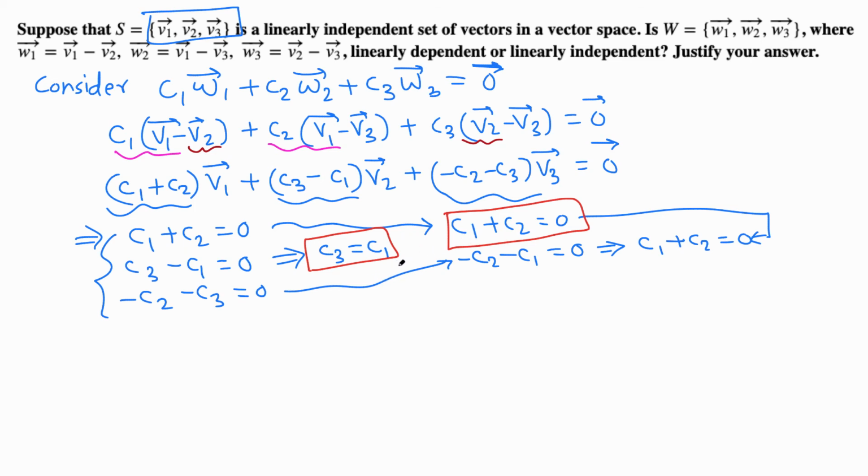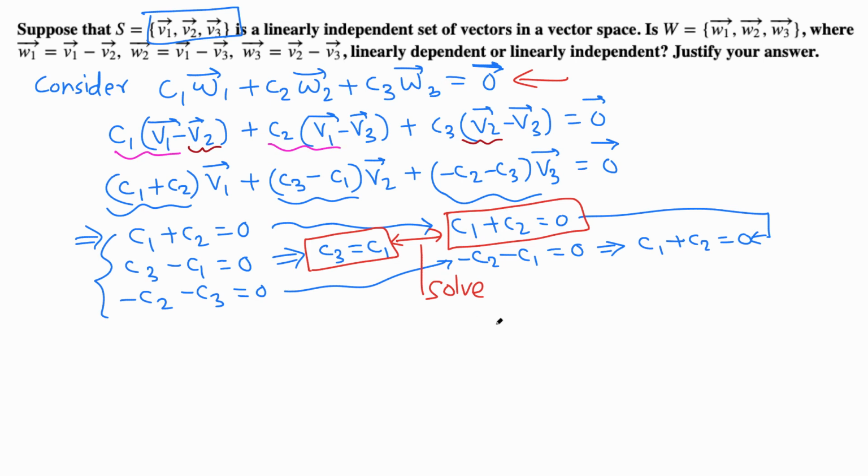Whenever we write this linear combination equal to 0, this homogeneous equation, c1 = 0, c2 = 0, c3 = 0 is always a solution, but we are trying to see if that's the only solution. So from these two, if we solve, c1 and c3 are equal, so c1 is negative c2.